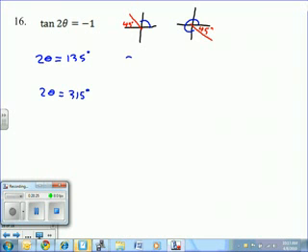Add 360. So this one will be 2 theta equals 495. And this one down here will be 2 theta equals 675. Just add 360. And then to find our answers for theta, all we have to do now is what? We divide everything by 2.